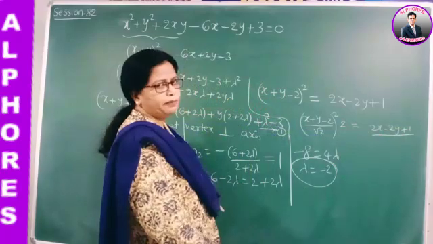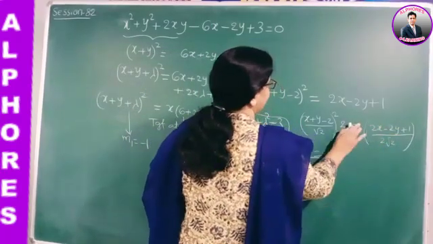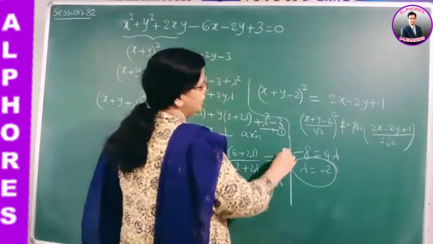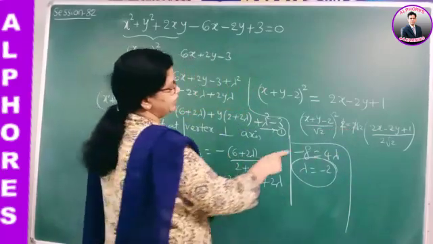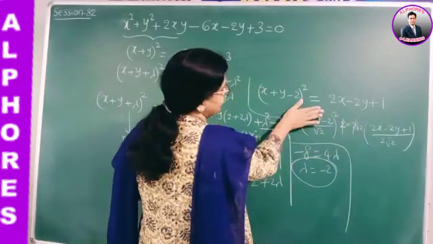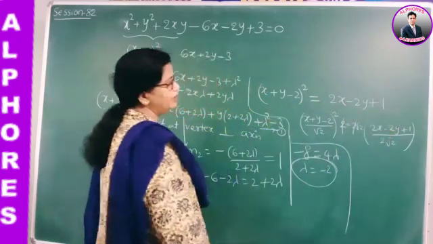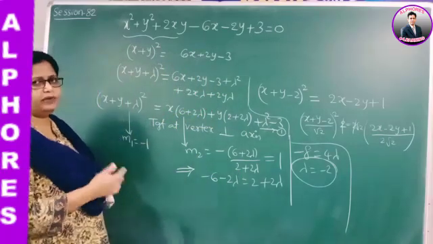Root of 4 plus 4 implies 2 root 2. Therefore, into I have to write 2 root 2. Now 2 and 2 get cancelled. You got exactly the complete standard form. So latus rectum is root 2, and this is our axis, and this is our tangent at vertex. As usual, we solve the problem and we can obtain the different coordinates.